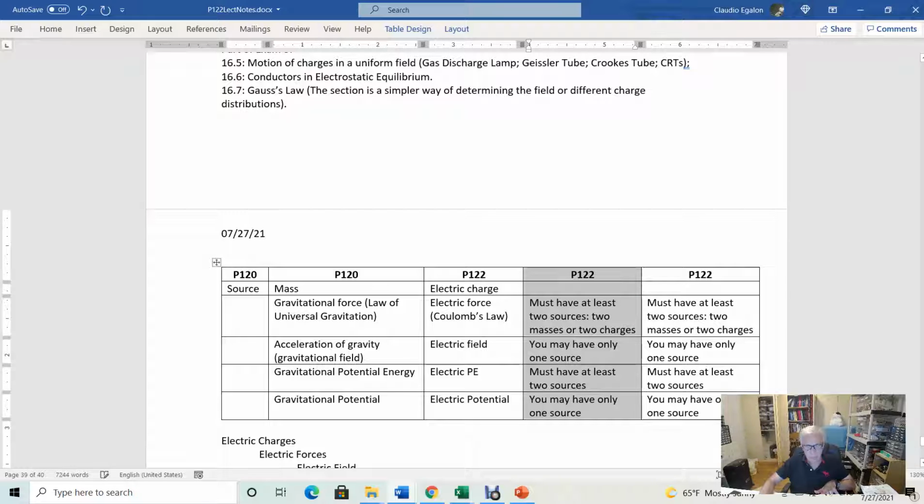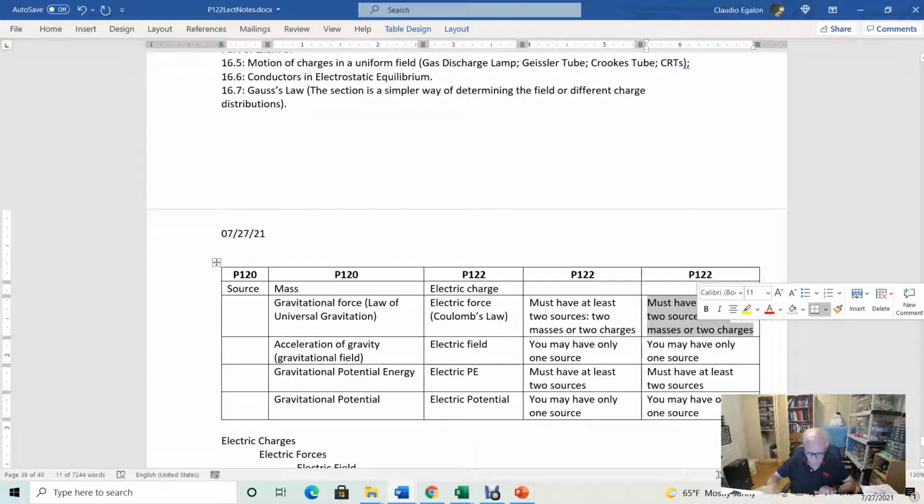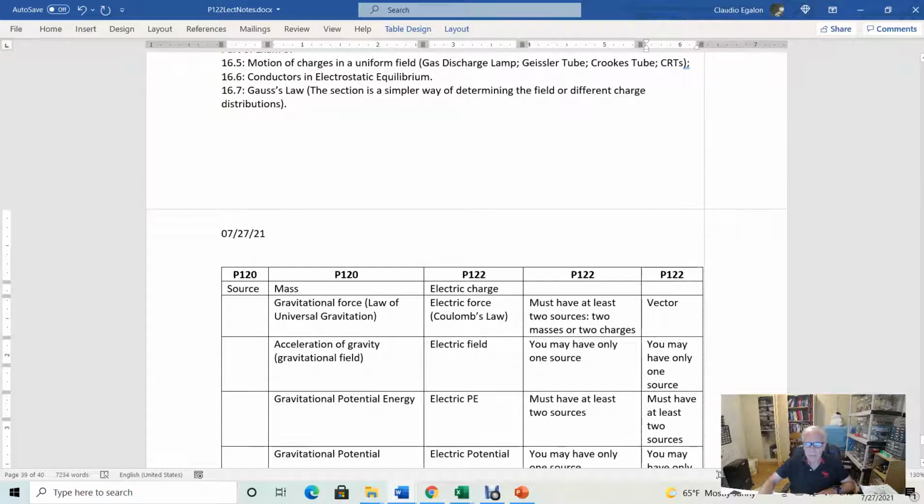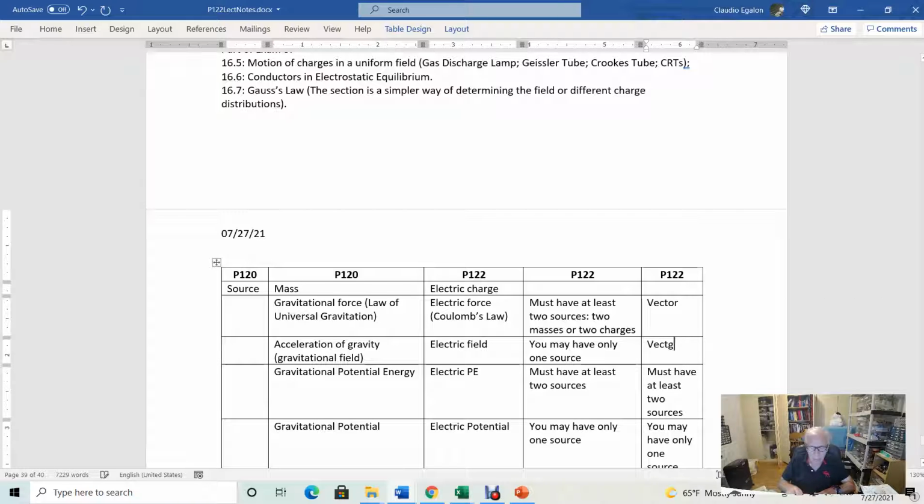In order to understand what something is, you have to understand the difference between them. In the case of the gravitational force, it is a vector. In the case of the field, it's also a vector, whether it's the gravitational field or the electric field.